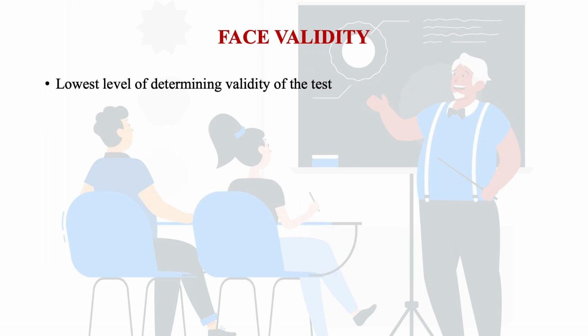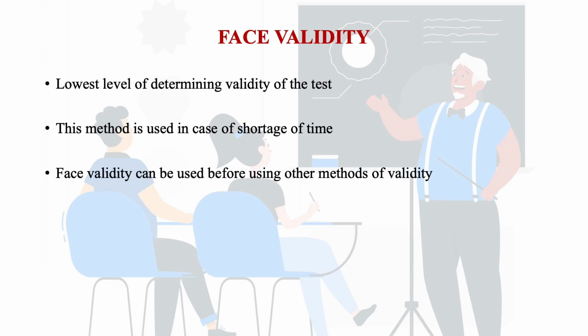Let us go forward to understand the other aspects of face validity. Face validity is the lowest level of determining the validity of a test, and this method is used in case of shortage of time, and face validity can be used before using other methods of validity. This is the first-hand practice.